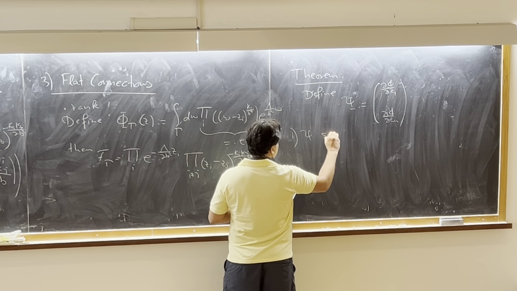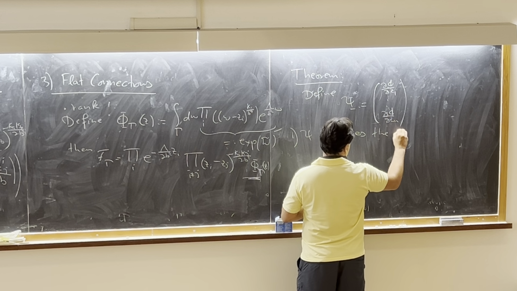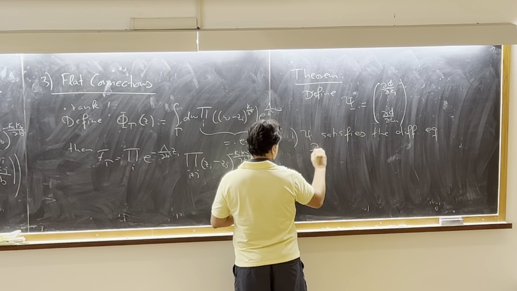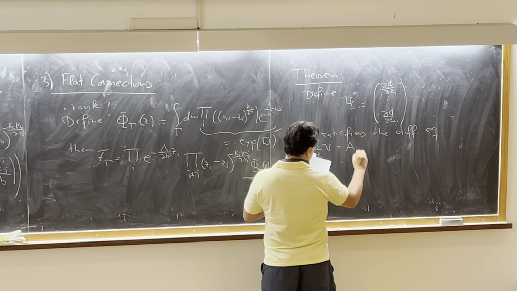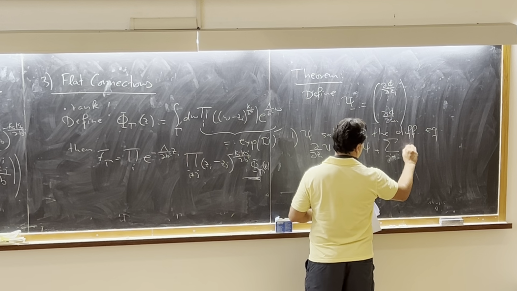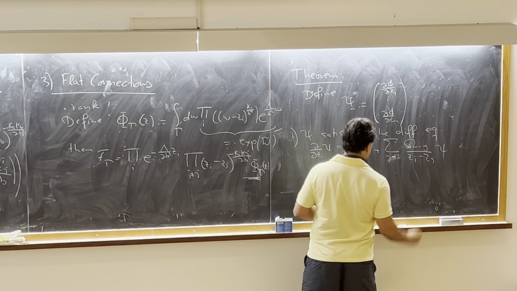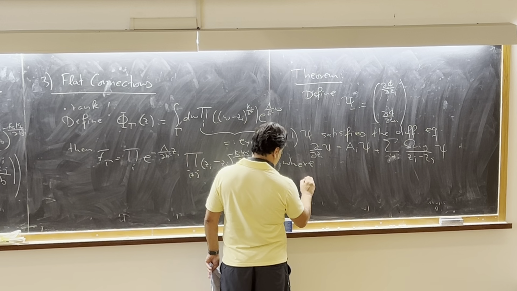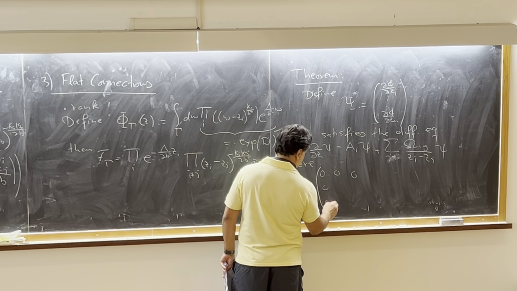Psi satisfies the differential equation del zi psi is equal to Ai psi plus the sum over j not equal to i of omega ij over (zi minus zj) psi, where this A is, let's say, given by the following thing.